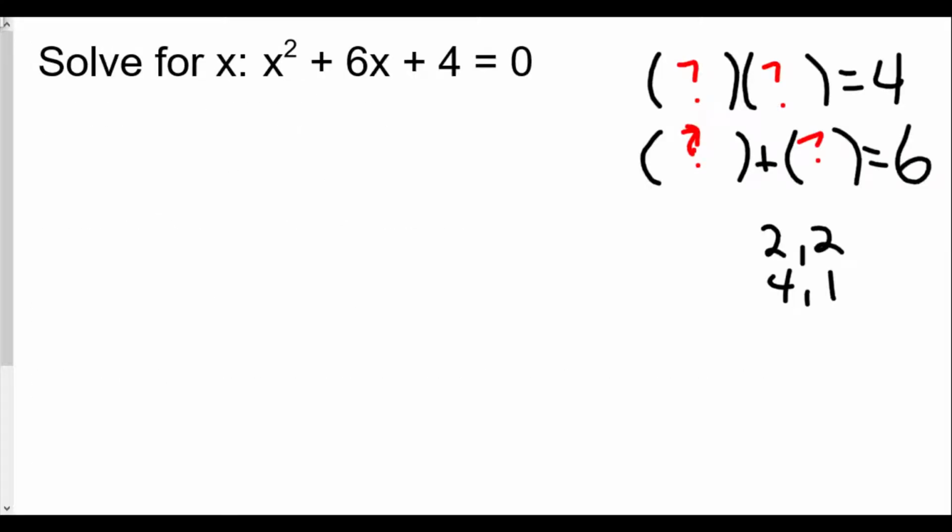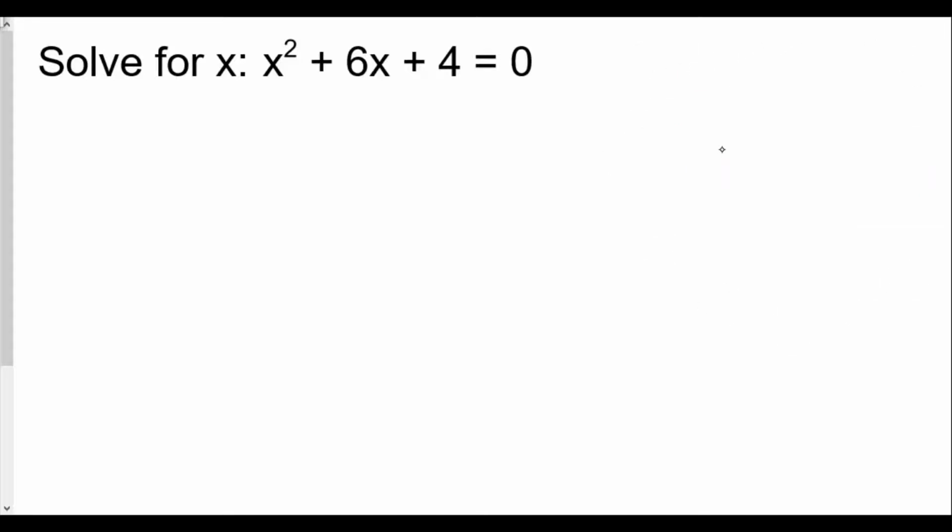I'm going to erase all this stuff here because it didn't work out. Let's write out, in this case, ax squared plus bx plus c equals 0. Now, the a value matches up here. You're saying there's no a value here. Well, there is. There's a 1.